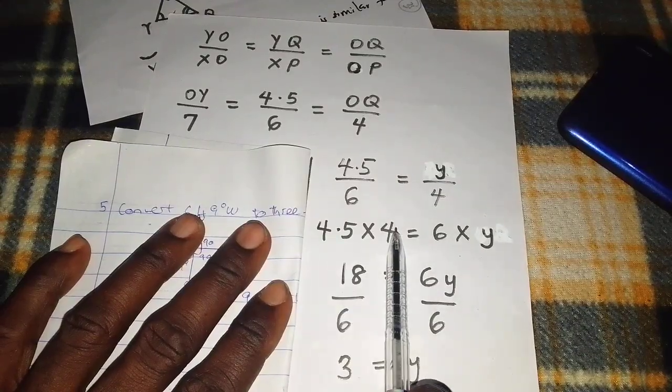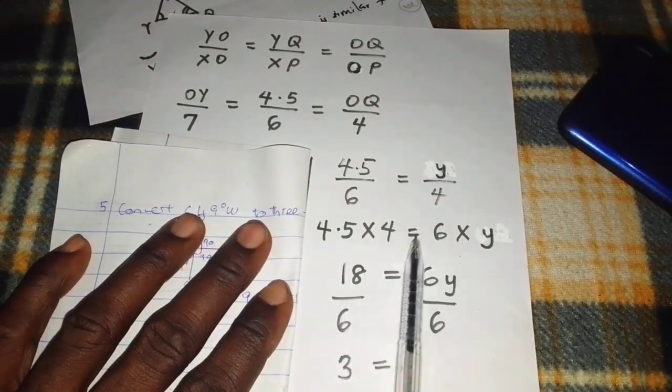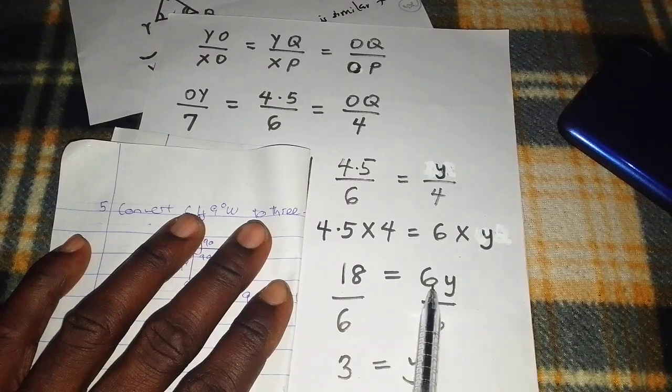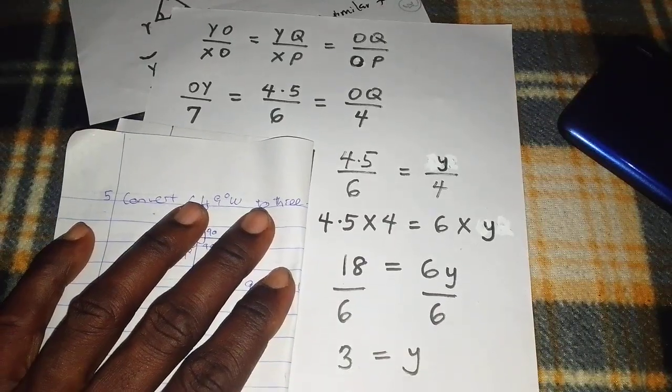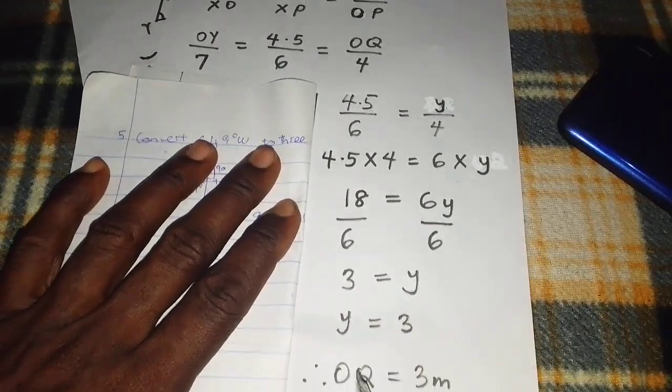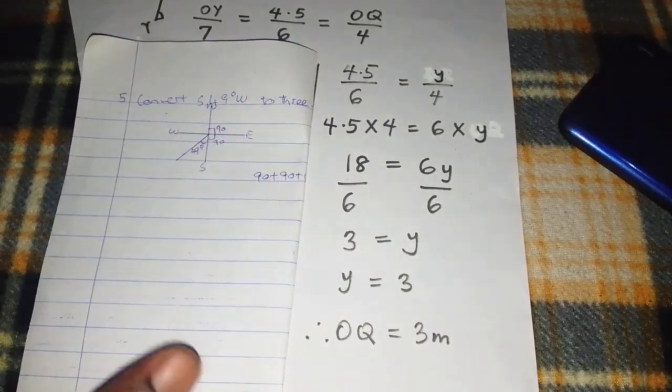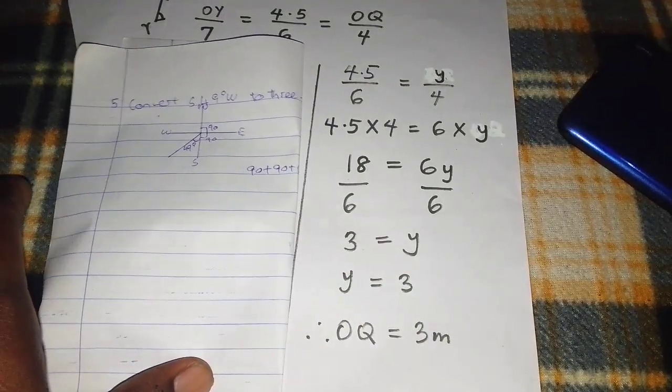So 4.5 times 4 gives us 18 is equal to 6Y. To get Y, you divide both sides by the coefficient of Y, which is 6. So 6 cancels 6, we are left with Y. 18 divided by 6 is 3. So the value of Y is 3, which means OQ is 3 meters.